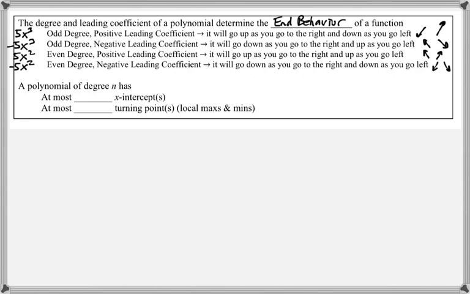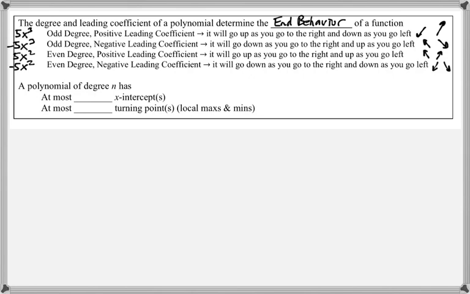If you type in 10,000 into the very first one, you get 5e to the 12, which is a big number, so that means it's going up. If you plug in negative 10,000, you get negative 5e to the 12, which is a really large negative number. So that corresponds to that behavior. You can always plug in numbers just to check.